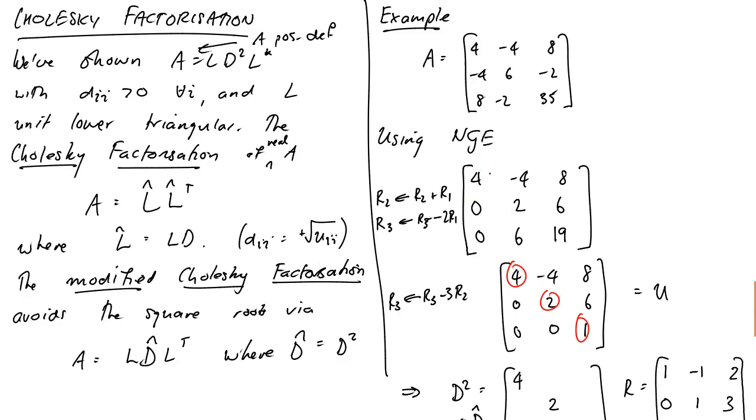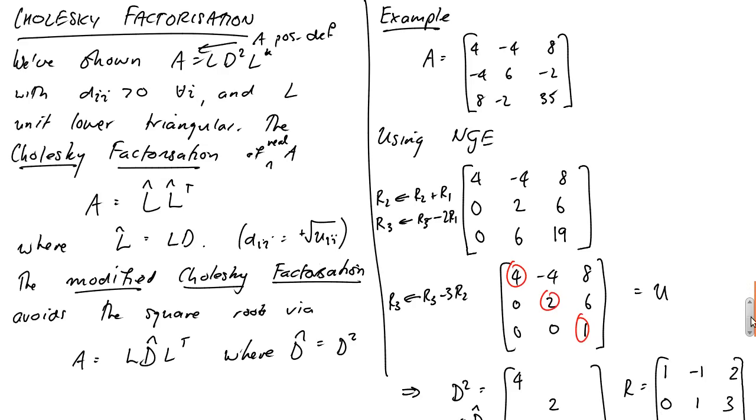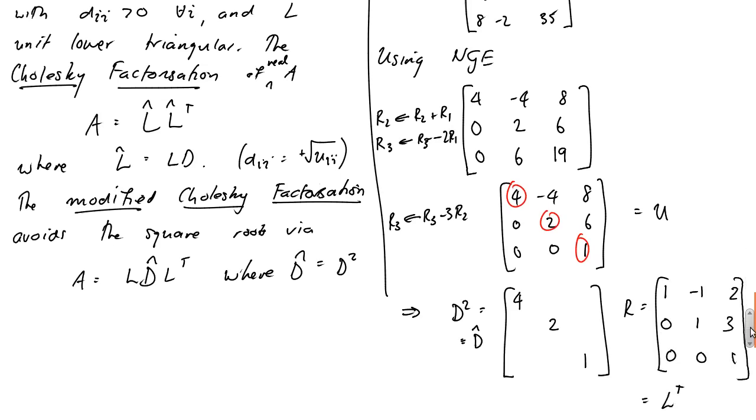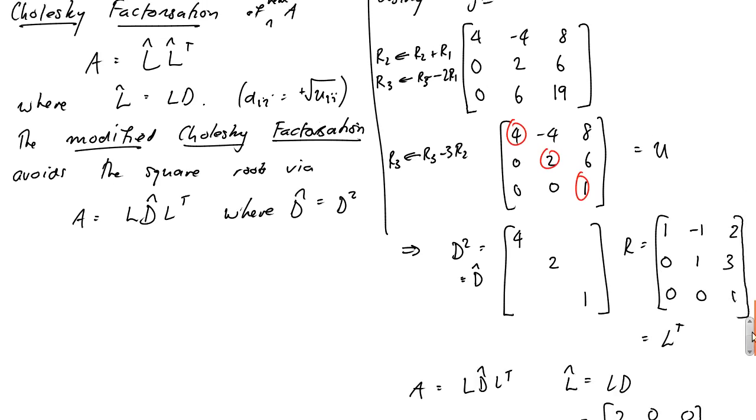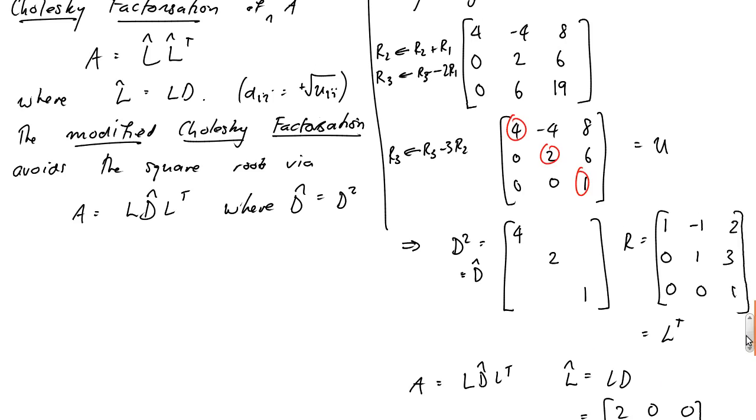Because those pivots are positive, we know we've got a positive definite matrix, and our Cholesky factorization method is going to work. So we can confidently write down the Cholesky factors because we found that our matrix is positive definite when we did our Gaussian elimination.